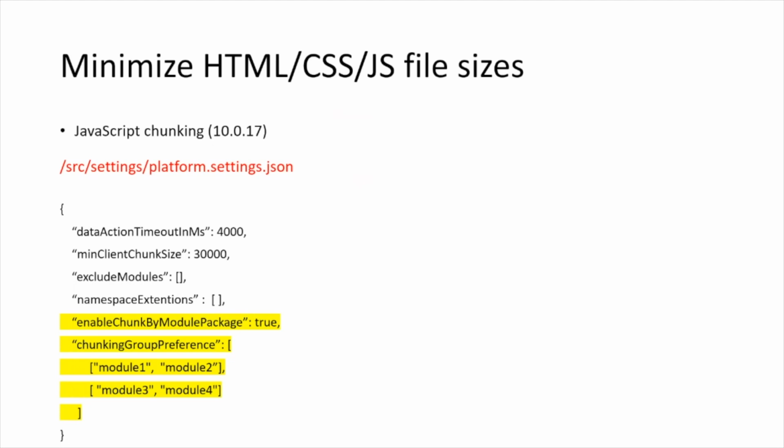For example, on a PDP page, you might have a buy box module and a ratings and review module. You can specify the modules to be downloaded together. So as you're doing deep analysis of the JavaScript and chunking, and you need to change that, you can do that with these two properties. Again, that's not available yet. We'll have documentation live very soon for that as well.